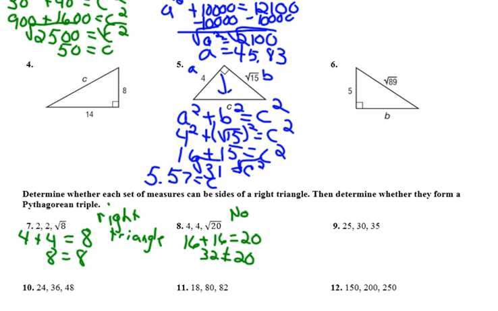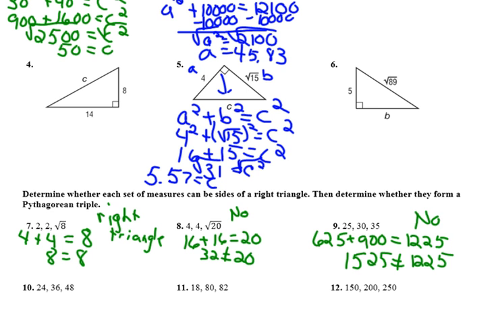Over here, 25 squared is 625. 30 squared is 900. And 35 squared is 1225. 900 plus 625, and these are not equal. So it is not a right triangle.